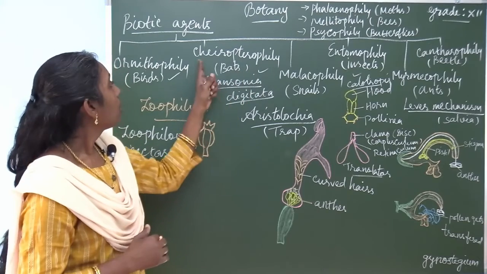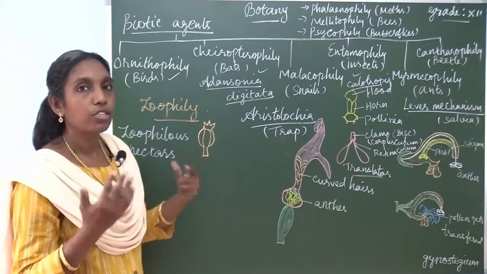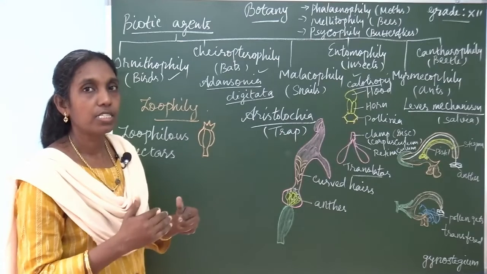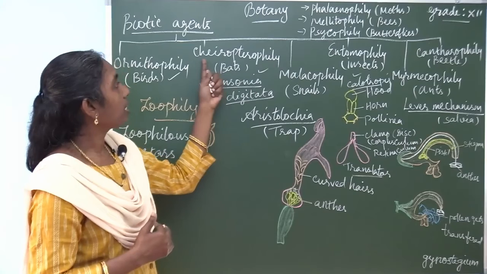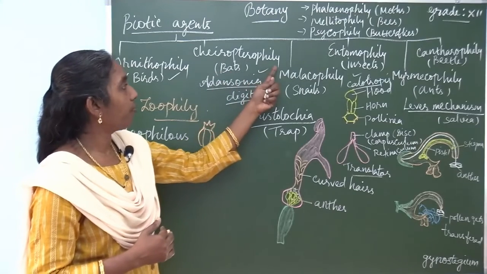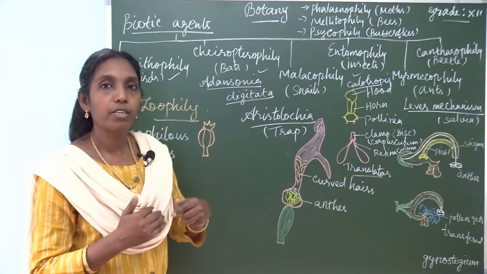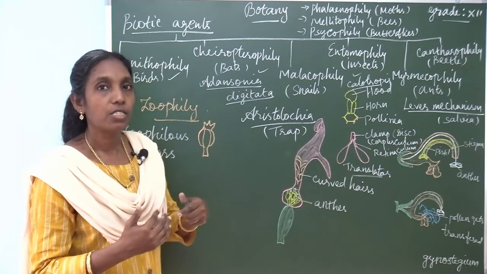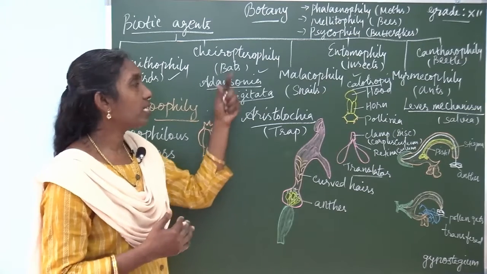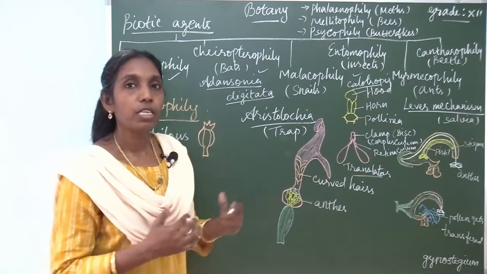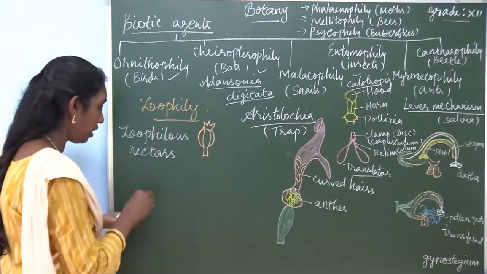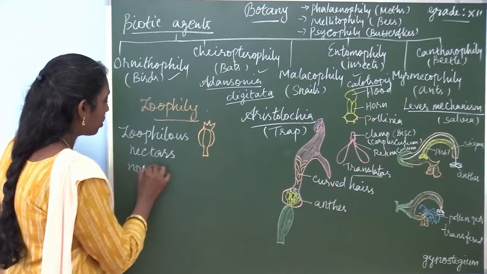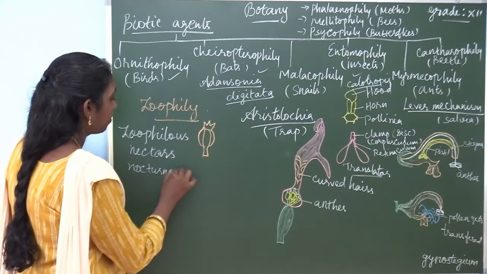First classification is ornithophily: pollination by the agencies of birds. Next classification is chiropterophily. Pollination brought about by the agencies of bats is called chiropterophily. Bats are nocturnal inhabitants.